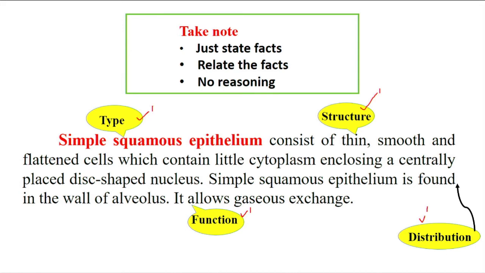For example, type, simple squamous epithelium. Structure, refer to thin, smooth, and flattened cell which contain little cytoplasm enclosing a centrally placed disc-shaped nucleus. And the distribution is simple squamous epithelium is found in the alveolus. And lastly, the 4th aspect is function, which is it allows gases exchange.